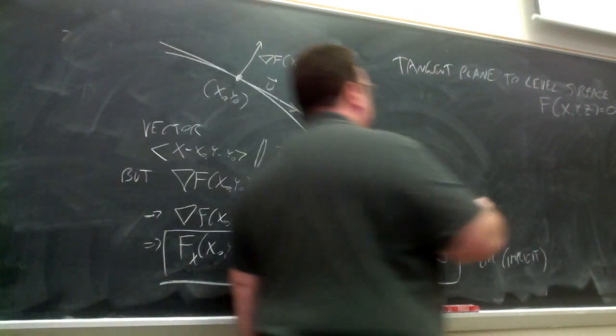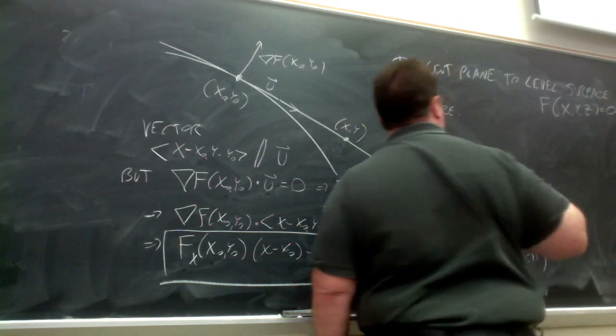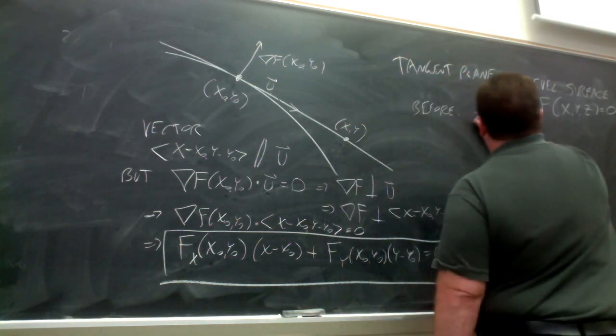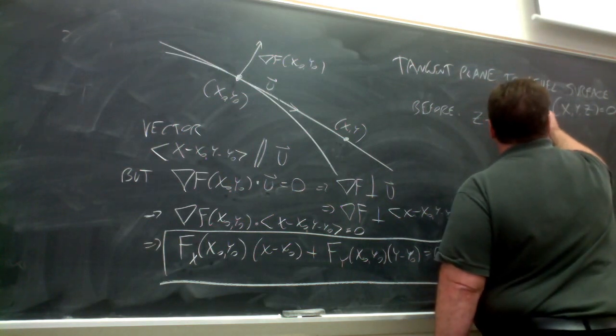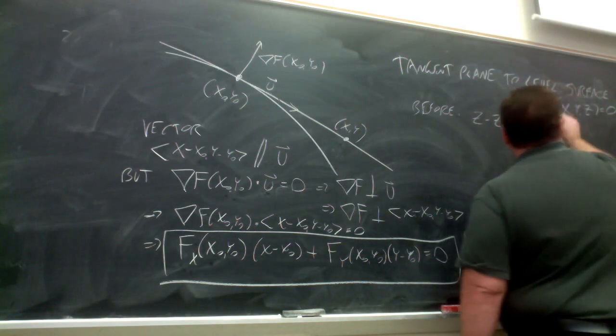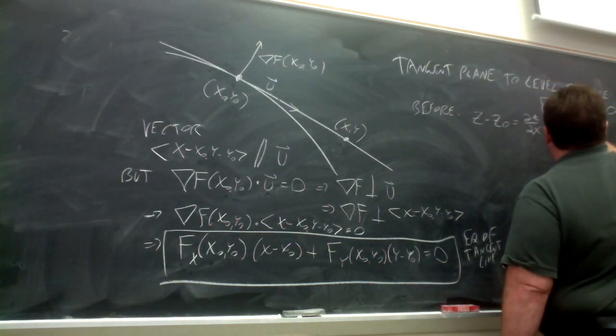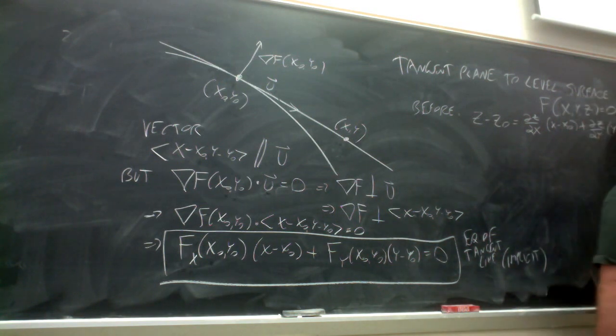What we had before was z minus z naught equals partial of z with respect to x times x minus x naught plus partial of z with respect to y times y minus y naught.